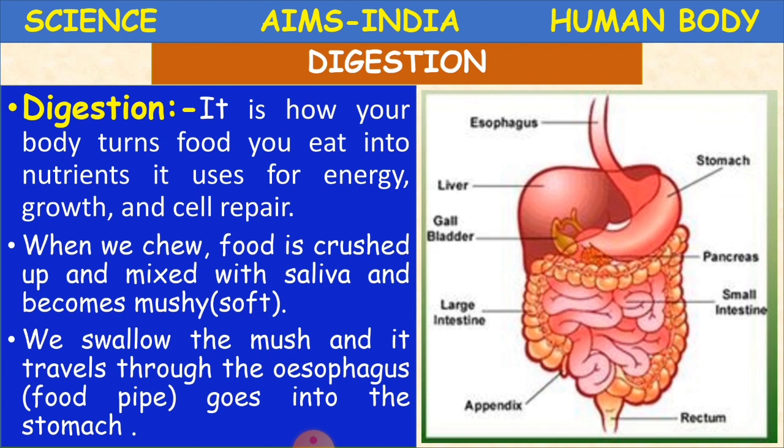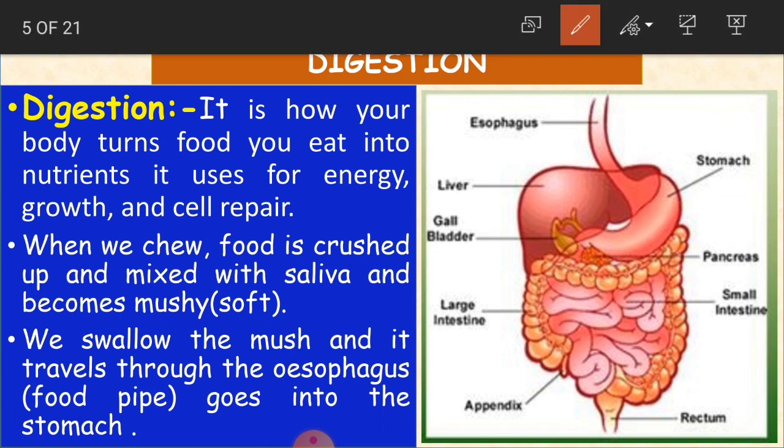When our food gets digested. Clear? When we chew, food is crushed up and mixed with saliva and becomes mushy. What happens when we eat food? We chew the food into small particles, so you have to chew properly so that your food gets digested.